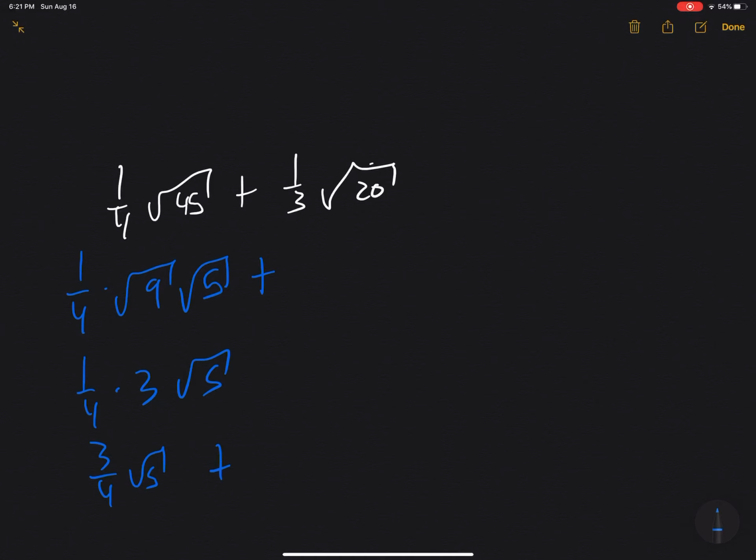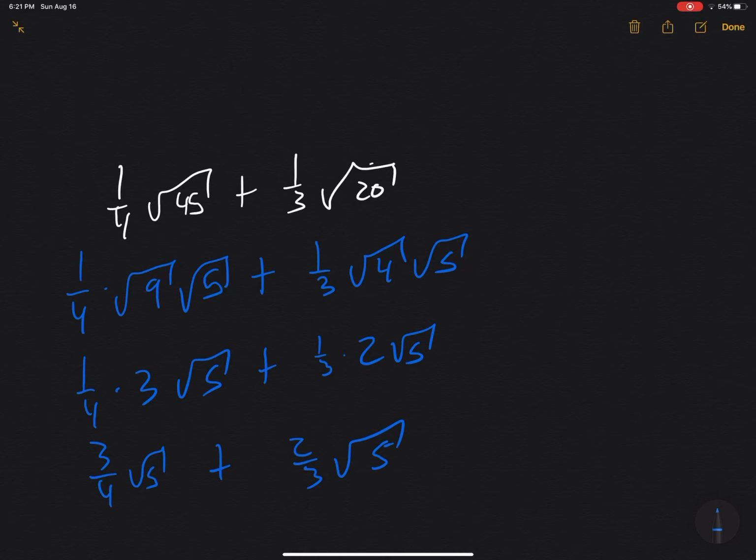I see that I can pull a 4 out, so this is 1/3 root 4 root 5, which makes this 1/3 times 2 root 5, which in the end gives me 2/3 root 5.